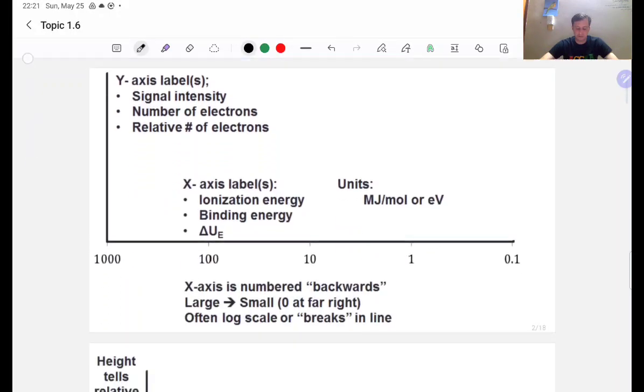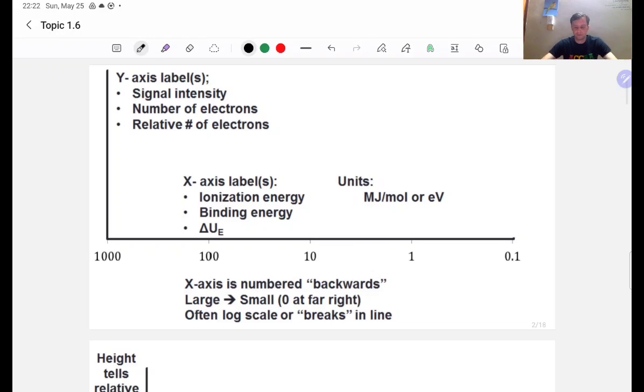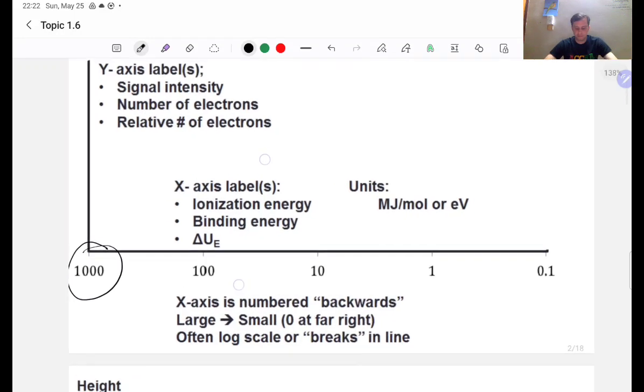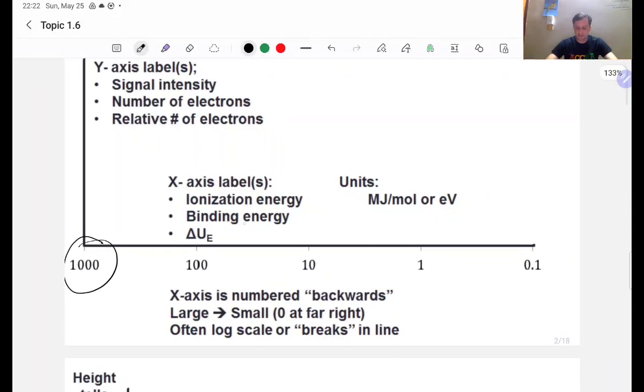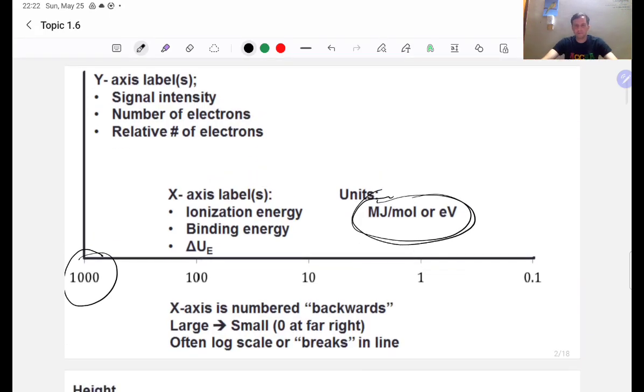Okay, so first of all, if you're looking at this graph, you can notice that further to the left, we have bigger numbers, and the x-axis represents the binding energy. The units are megajoules per mole, or eV. The units are not super important for a lot of these problems, at least for the unit 1 problems that we have.